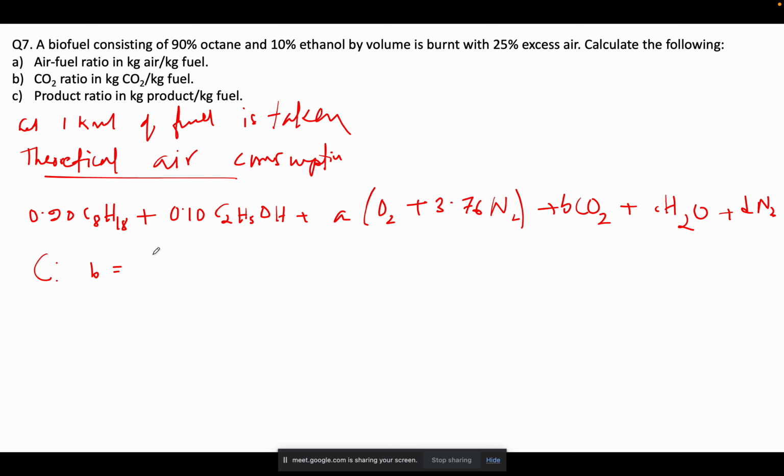Now we have already done this, so if you do carbon balance, you'll basically get B is equal to 7.4. Now if you do hydrogen balance, you will get C is equal to 8.45. And if you do oxygen balance, you will get A is equal to 11.575.